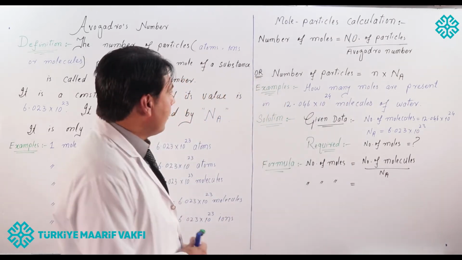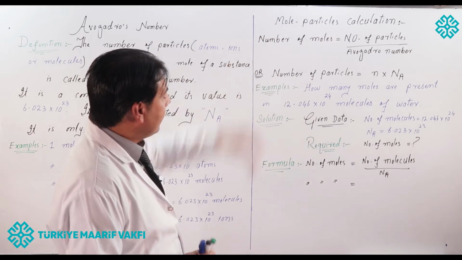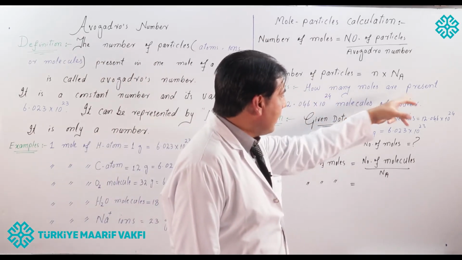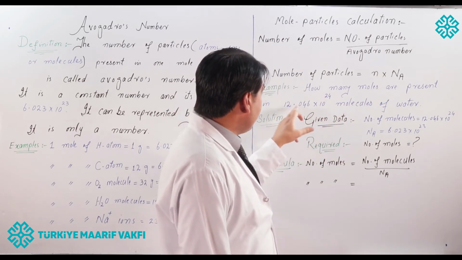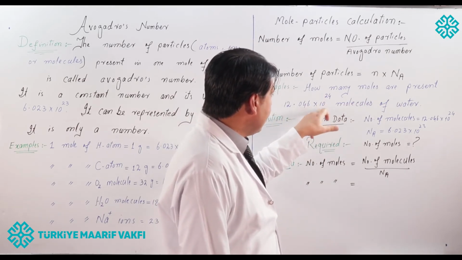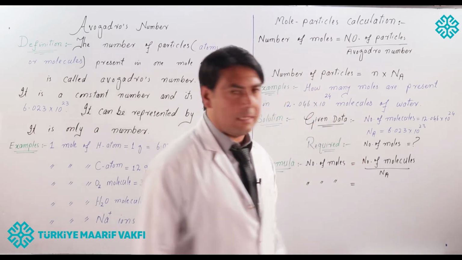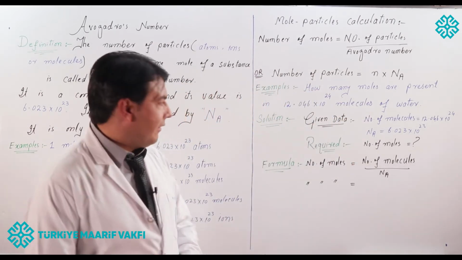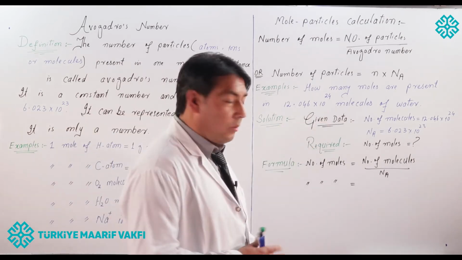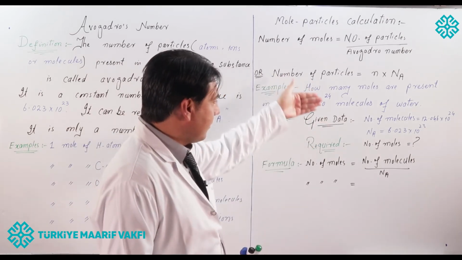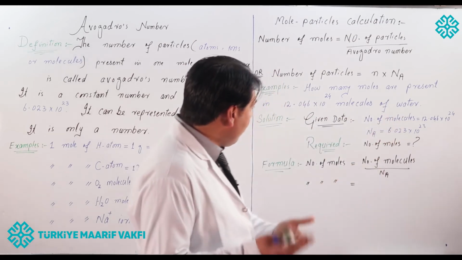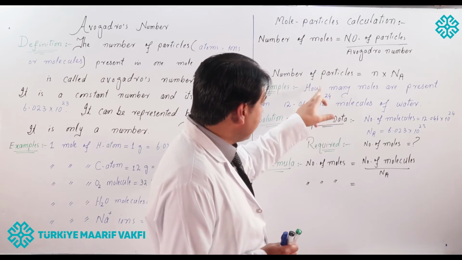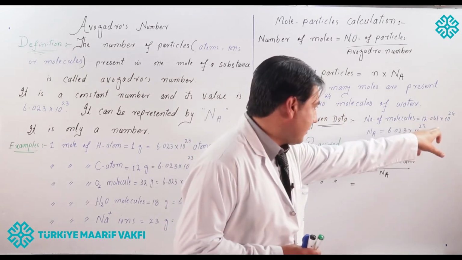Now we are going to solve an example using these formulas. For example, how many moles are present in 12.046 multiplied by 10 power 24 molecules of water? Now we are coming toward the solution. First, the given data. Number of molecules is 12.046 multiplied by 10 power 24.